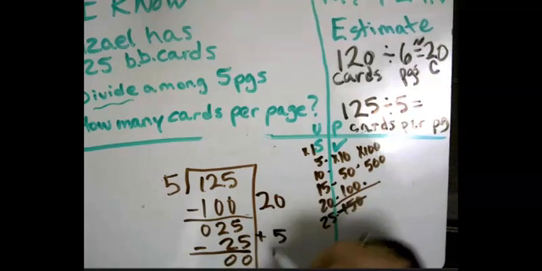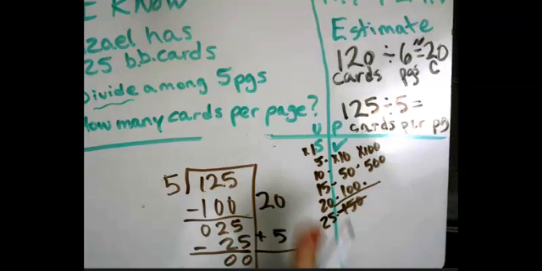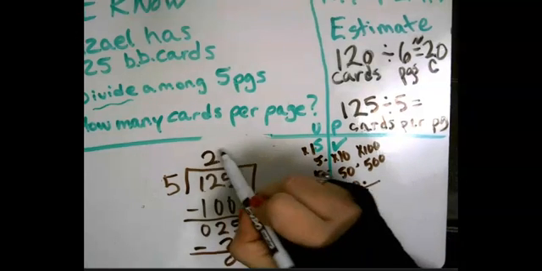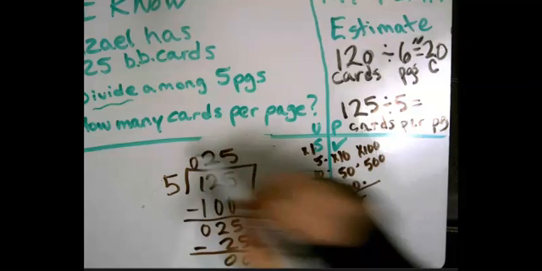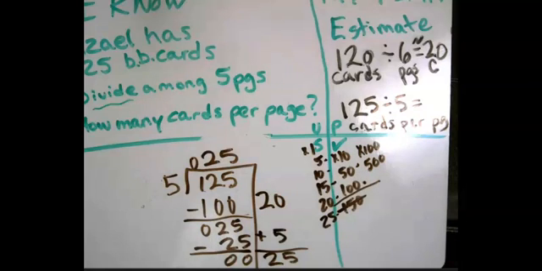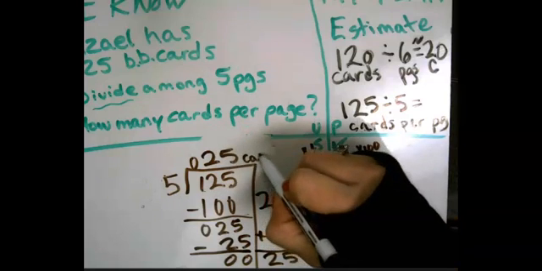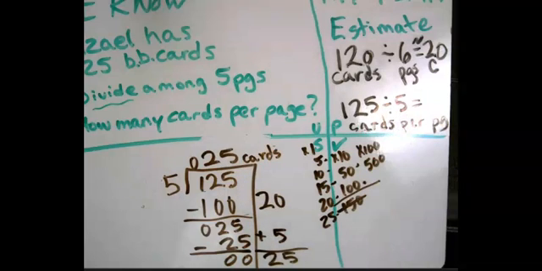My last step is just going to be to add the numbers on the right side of my giant 7. I put 20 and 5 together, I get 25. Okay, so the answer to our question is Azael put 25 cards on each page of his binder.